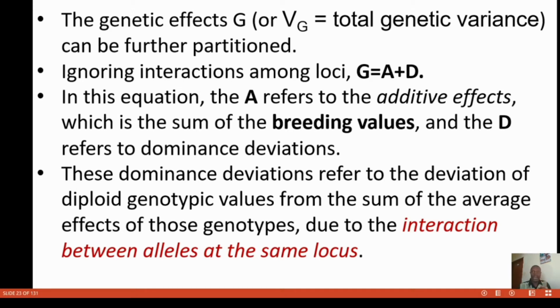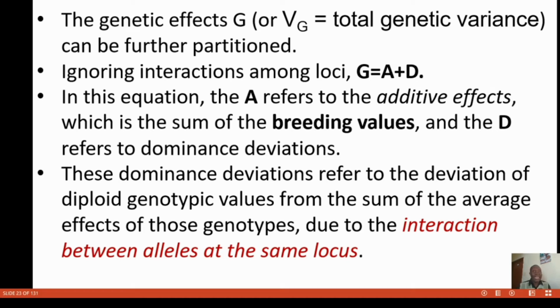In this regard, A, as said before, is the additive effect, and this additive effect is again the sum of the breeding values. We'll shortly come to the idea of breeding values.